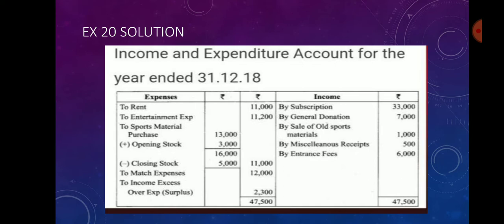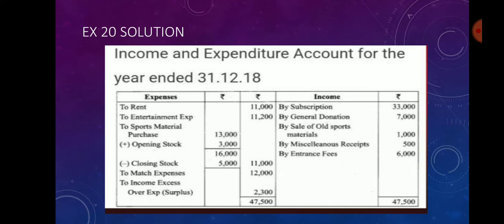Excluded means not included. And then capital receipts and capital expenditure must be excluded. It is prepared to find out the surplus or deficit pertaining to a particular year. Incomes are shown on the credit side and expenses are shown on the debit side.